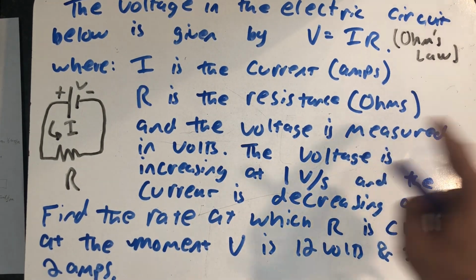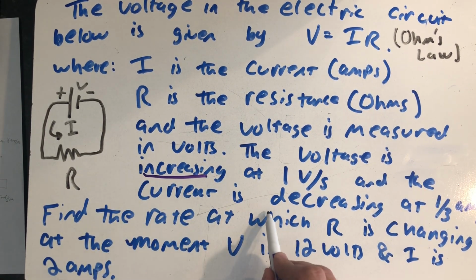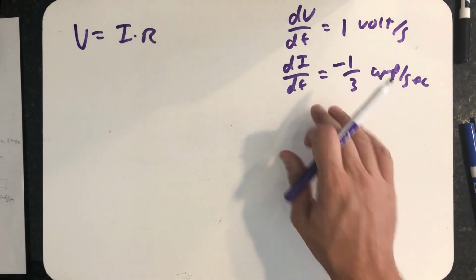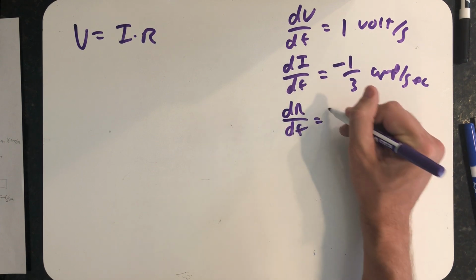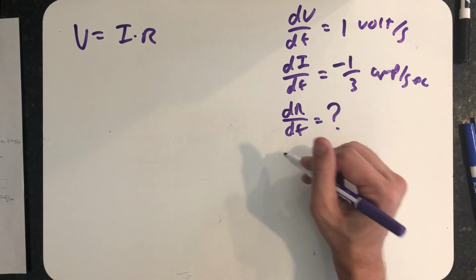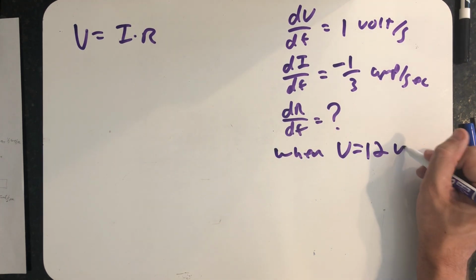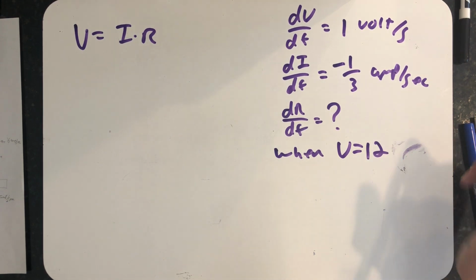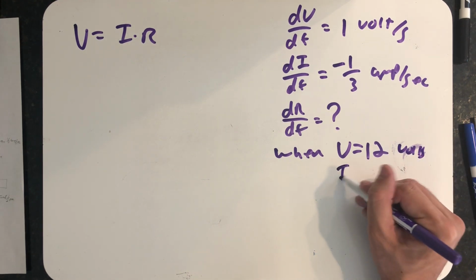So when I read a problem like this, I have to be very careful to pay attention to words like increasing and decreasing. They might tell me a sign in one of my derivatives. I'm looking for dR/dt at a particular moment in time when the voltage is 12 volts and the current was 2 amps.